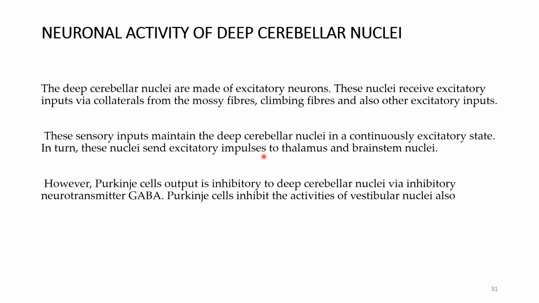These sensory inputs maintain the DCN, that is deep cerebellar nuclei, always in an excitatory state. In turn, these nuclei send excitatory impulses to the thalamus and brainstem nuclei. However, the Purkinje cell output inhibits the DCN via GABA. So the Purkinje cell inhibits the activity of the deep cerebellar nuclei and vestibular nuclei also.